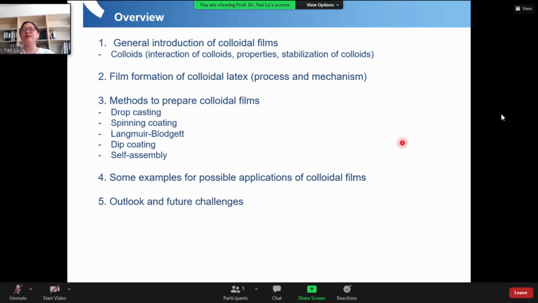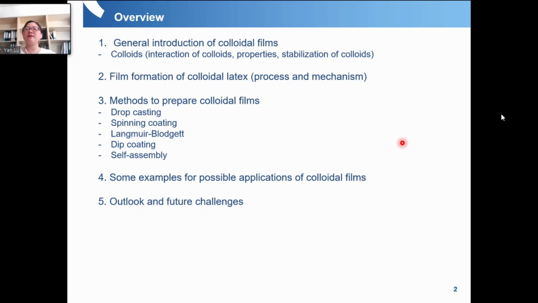The film we talk about today is made from colloidal particles. Colloidal films have some very special properties, and there are also some specific methods for their preparation. That's why we talk about this.